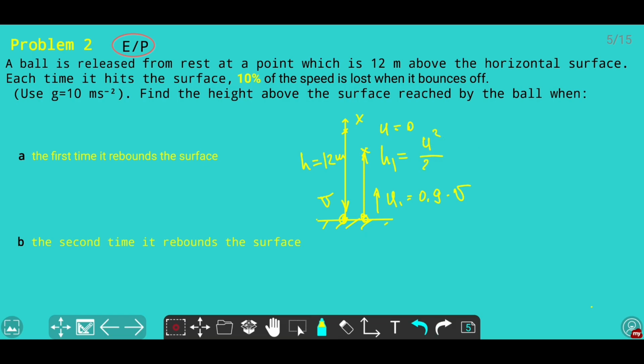Both use minus sign, so I'll cancel them, because the final velocity at this point is going to be 0, that's v at the point in time when it reaches h1. I just put h1, and this velocity and the speed itself is 0, because this is the maximum height that it reaches up to the bounce.